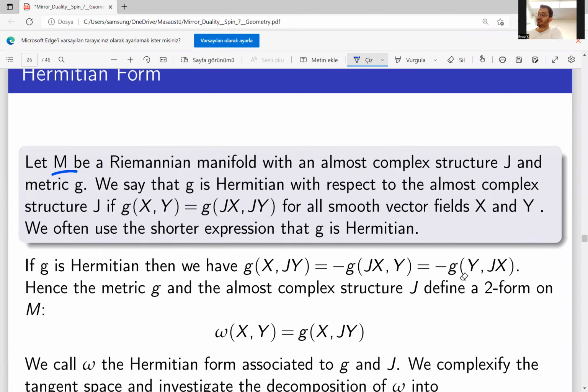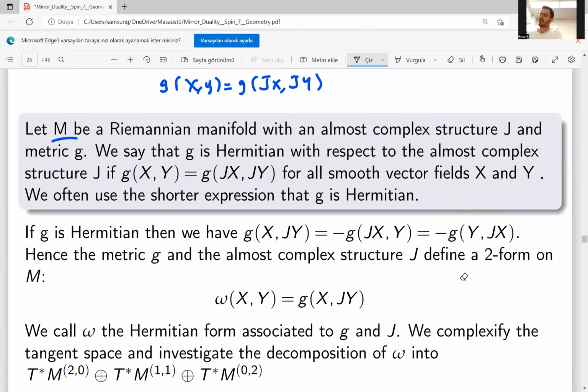Here you can write that g(x,y) is equal to g(Jx,Jy). J takes x to an element orthogonal to x, and if you apply J to x and y, the metric doesn't change. So at that situation, g has to be Hermitian.